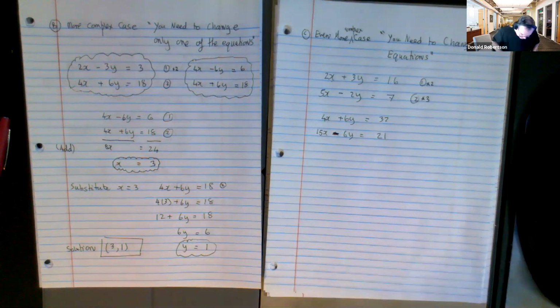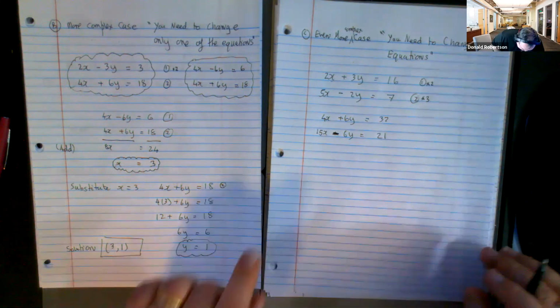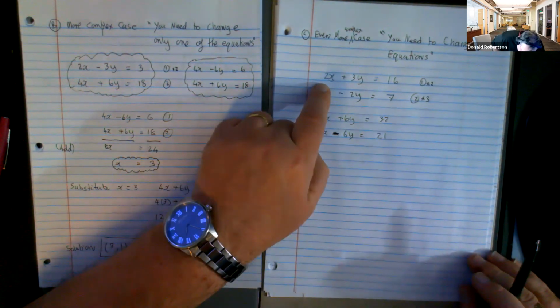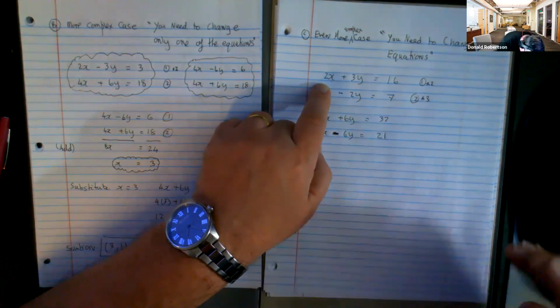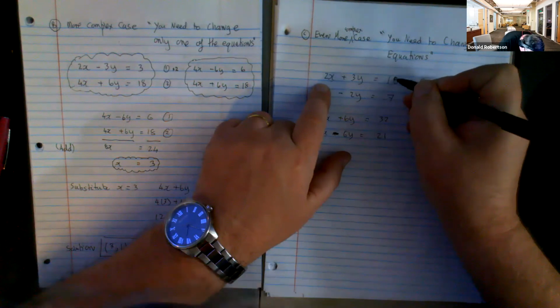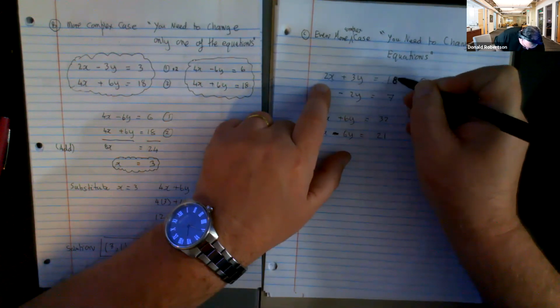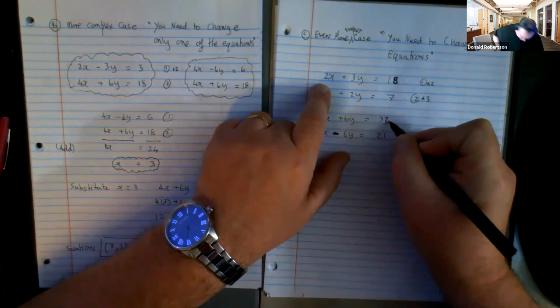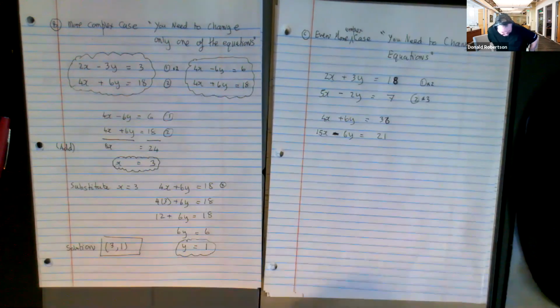And let me double check I did that right. 6 add 12. Can we pretend that was always 18? In which case this becomes 36. Now it's going to work out.